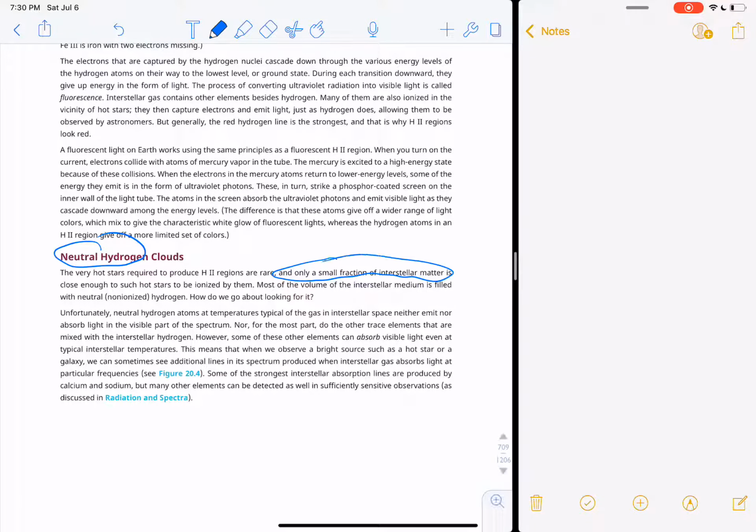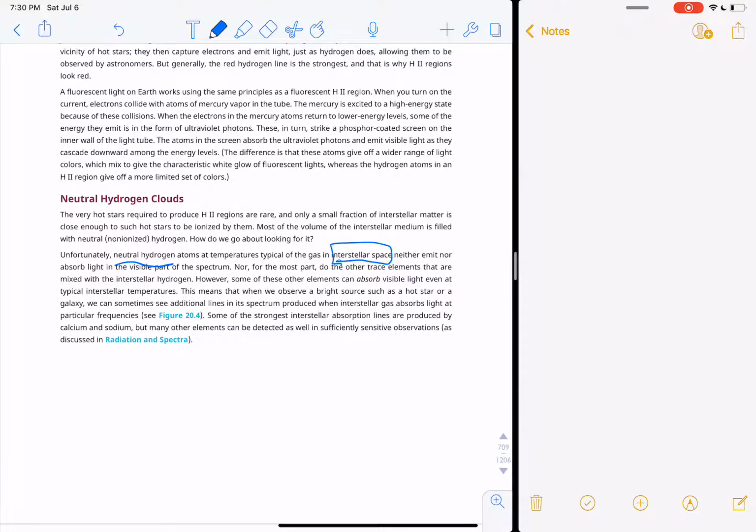So that means most of the hydrogen is in this neutral form. But, as this says, neutral hydrogen atoms at temperatures in interstellar space, which is the space between the stars, is not hot enough to react basically with light. So it's hard to see that.